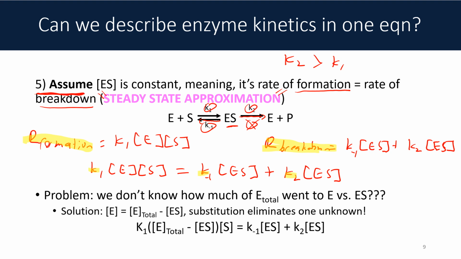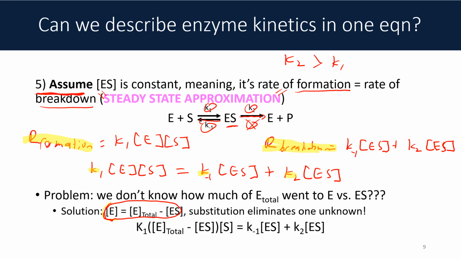Think back to our fourth assumption where we said total enzyme equals free enzyme plus ES. Well, you can rearrange that like so, and get the following expression. The leftover enzyme E equals the total enzyme minus the concentration of the enzyme substrate complex.